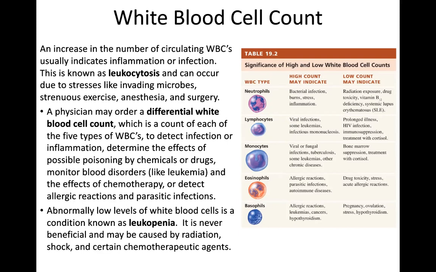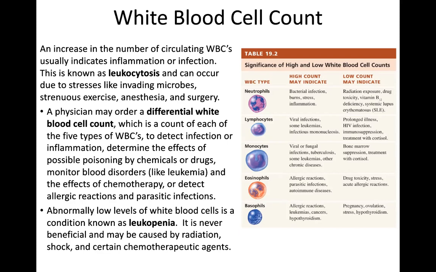Okay. If you've ever seen the TV show House, it's almost every episode that I've ever seen where you see them ordering a differential, as they call it, okay, short for differential white blood count. And if you don't know House, that TV show, basically he's a doctor that gets cases when nobody else can figure out what's wrong with the individual.